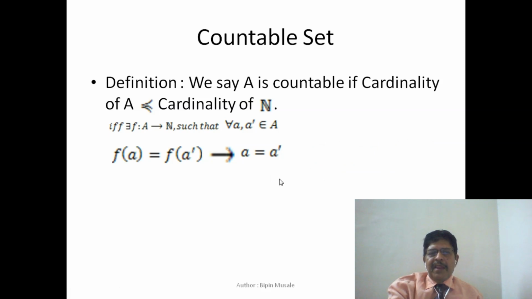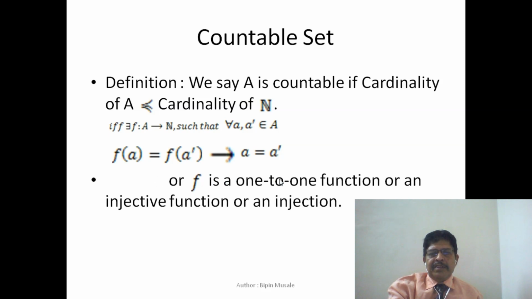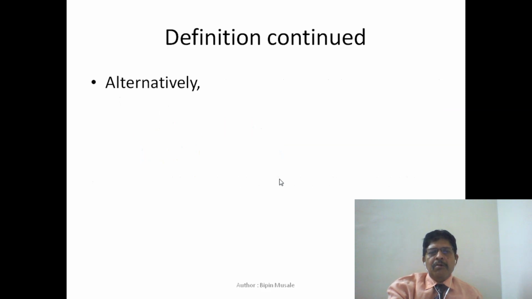So, if there exists a one-to-one function from the set into the set of natural numbers, then we say that A is a countable set. Or there is an alternate definition also. Earlier definition said that the existence of an injective function from the set into the set of natural numbers.